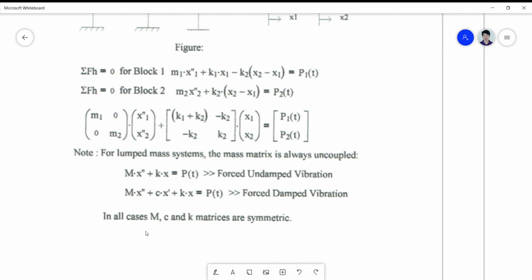So in all cases, your mass, your C and K matrices are now symmetric.